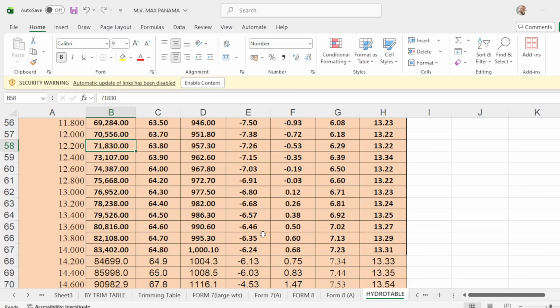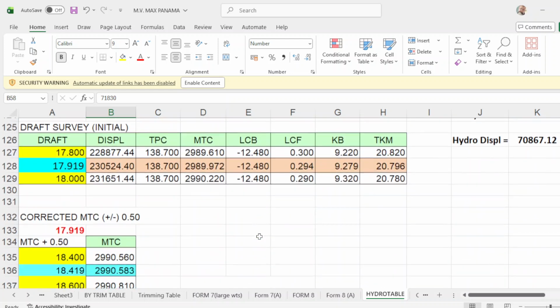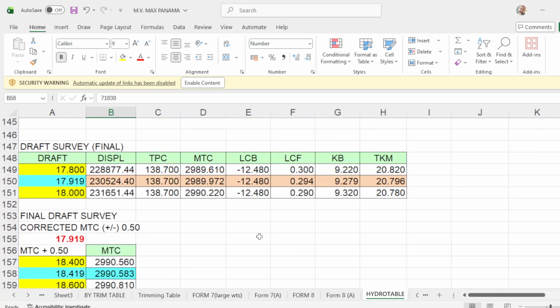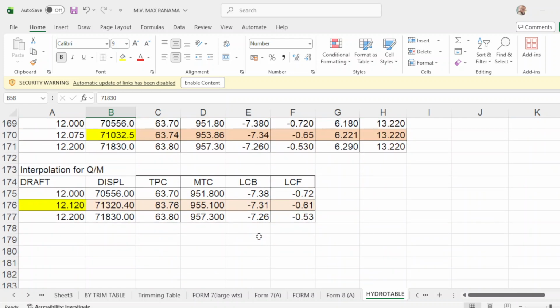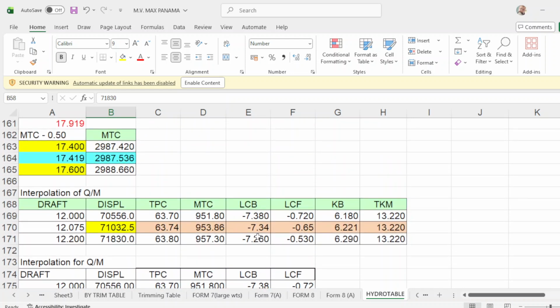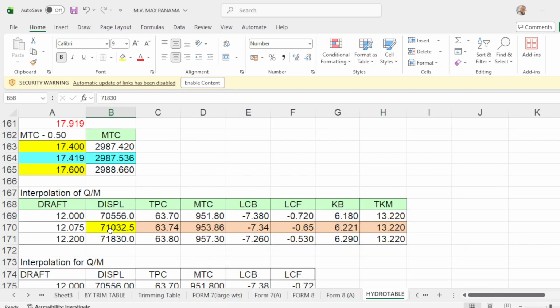So scroll down. I think I have it down here below. 12 meters. Okay. What is the displacement? Displacement is 70550. Okay.